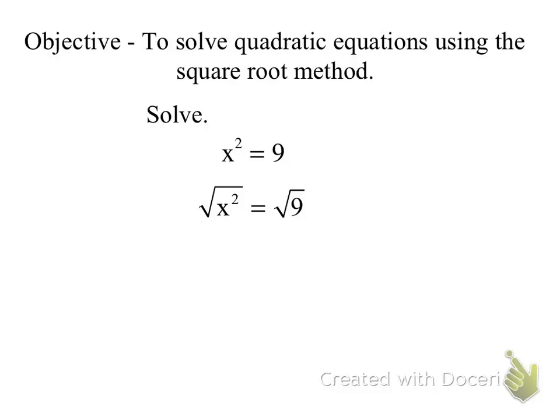Okay? So, we take the square root of x squared and the square root of 9. What's the square root of x squared? Kevin Park. Absolute value of x is equal to 3. And then how do I lose my absolute value? Neve. Well, absolute value is negative or positive, so x is equal to negative or positive. Perfect.